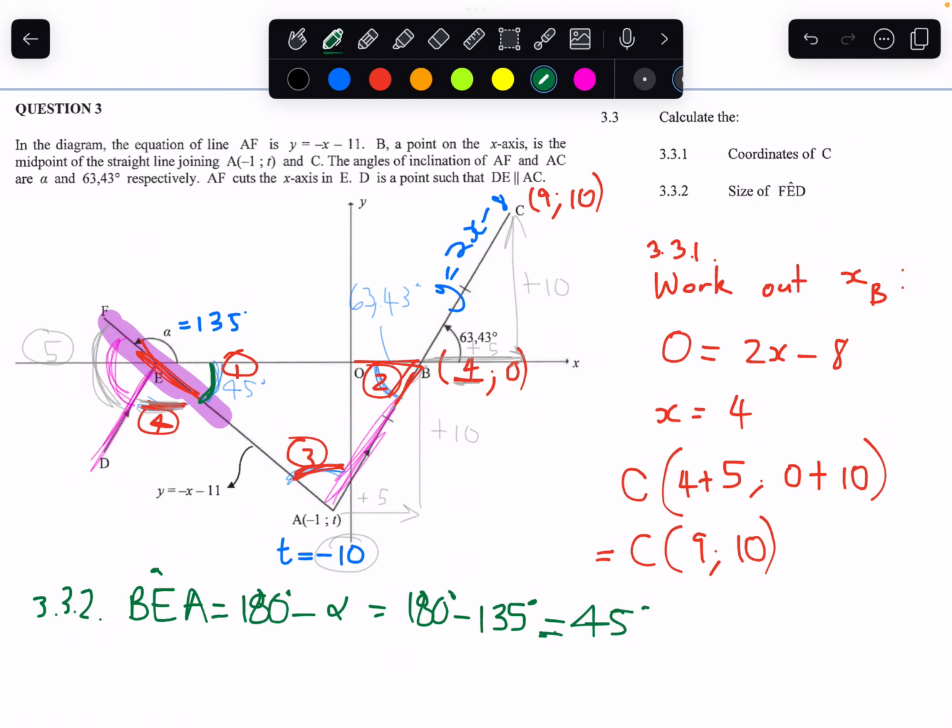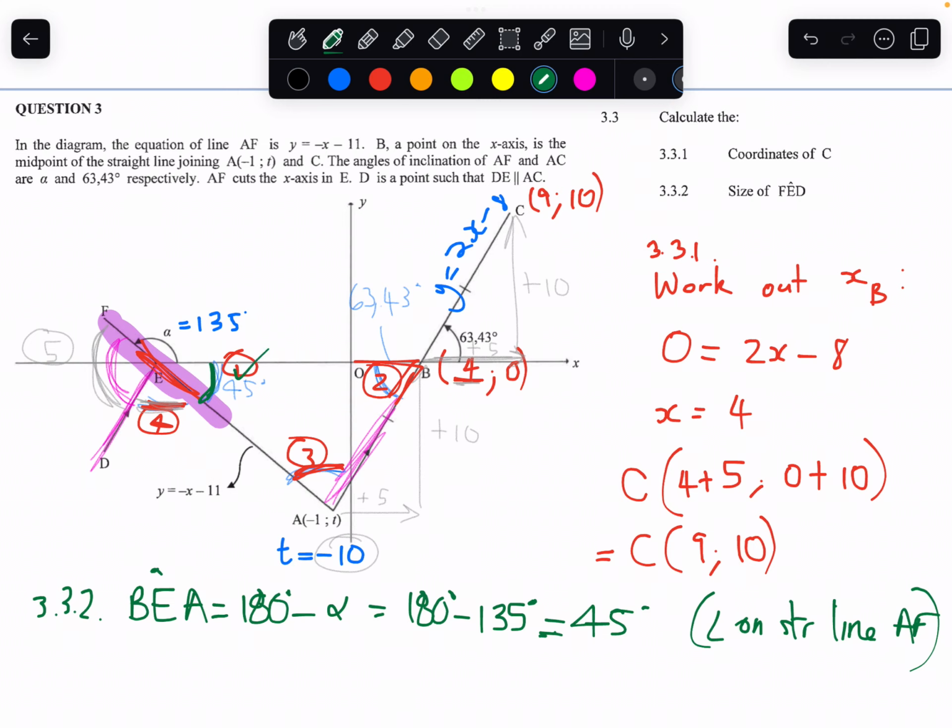And the reason is angles on straight line AF. That's this line over here. So we've got that one now.